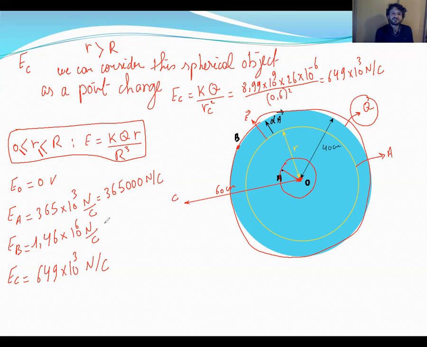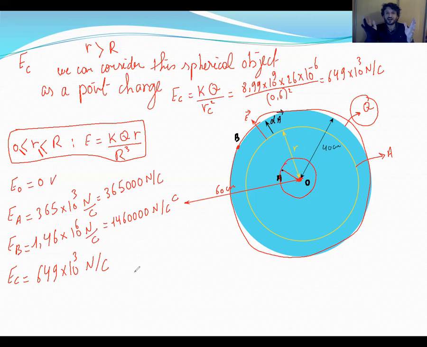So the field equals 1,460,000 Newton per Coulomb.